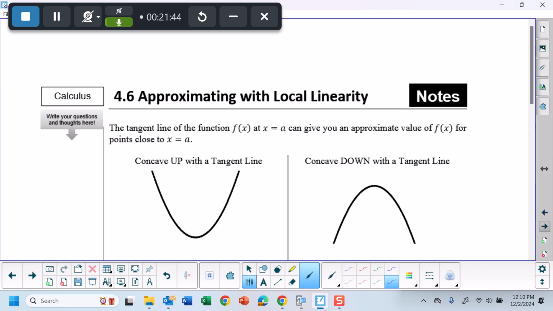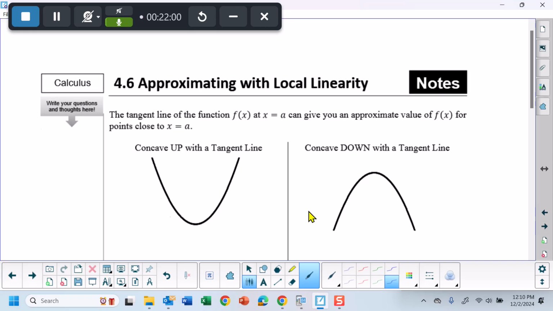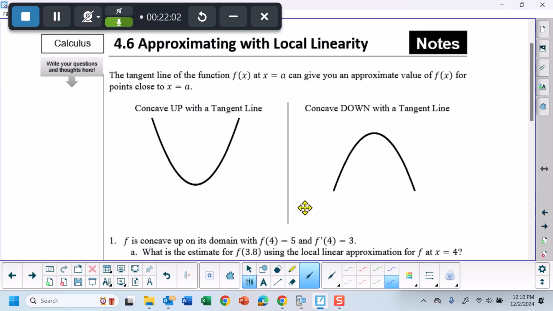And with this one, it's a concept of talking about approximating a value when you have something called local linearity. So when we have the tangent line of a function, we can give you that approximate value if that value is super, super close.